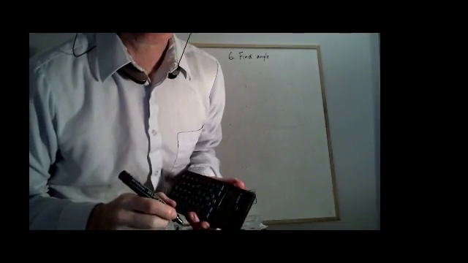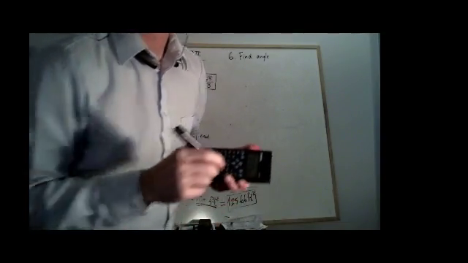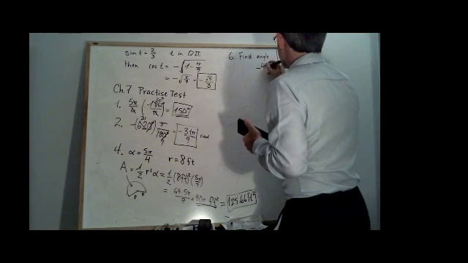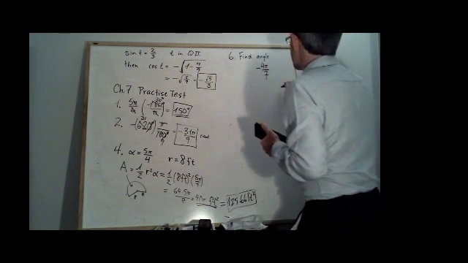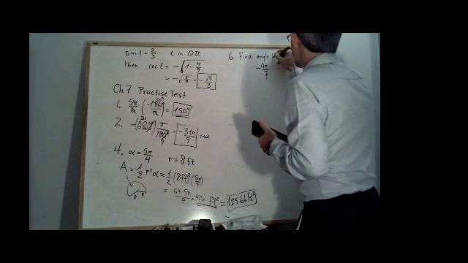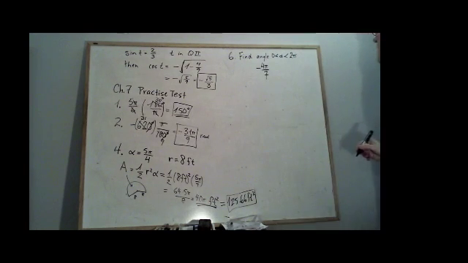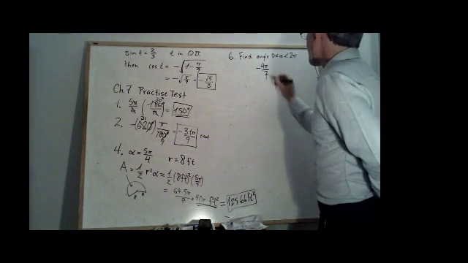Okay, say that again. Find the angle between 0 and 2 pi in radians that is coterminal with minus 4 pi over 7. So we want to find alpha. Let's call this t.